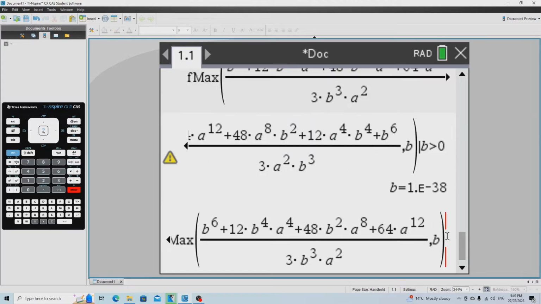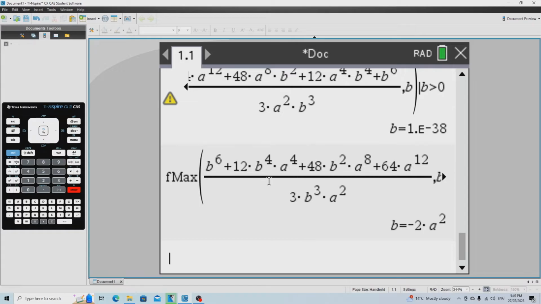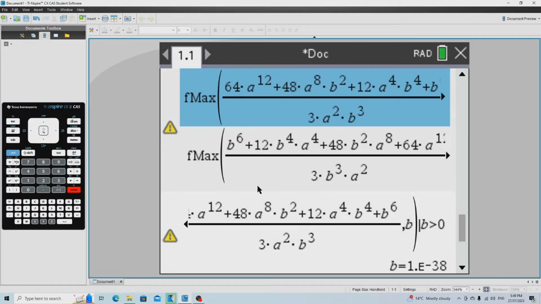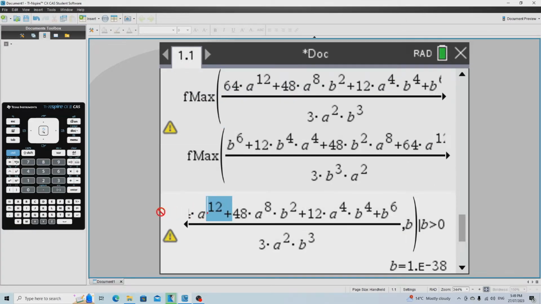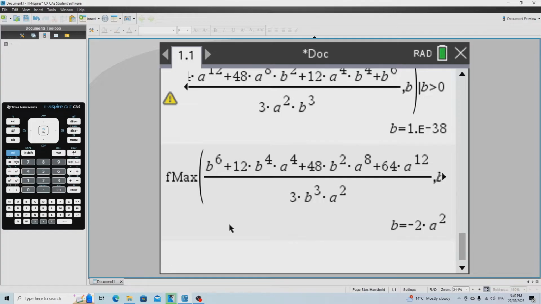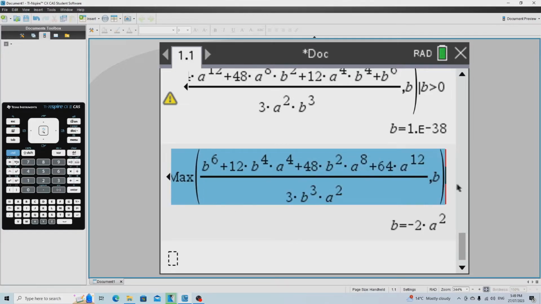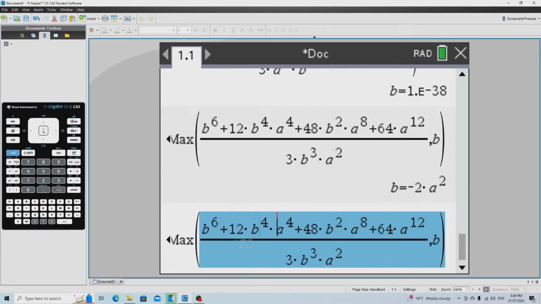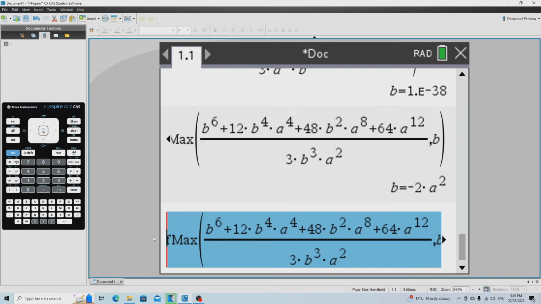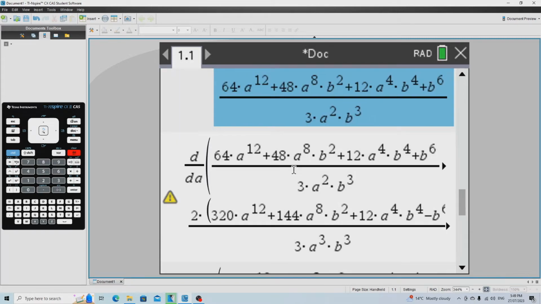What about if I just say b equals minus 2a, have I done anything wrong here? Okay, wait, what have I done?